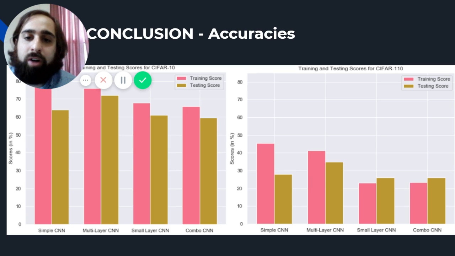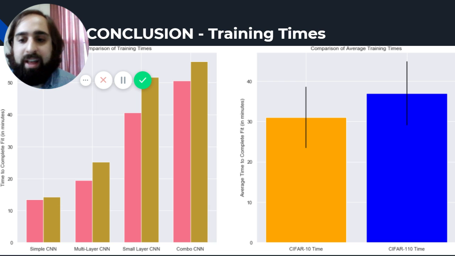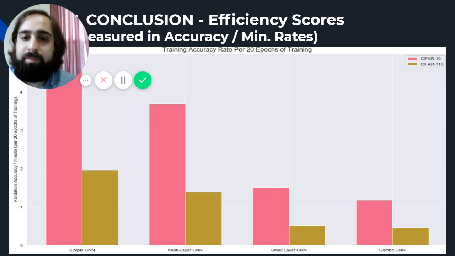So when comparing all of the neural networks side by side, we see that the multi-layer CNN is the second most efficient. Looking at this particular graph, the accuracies are higher per 20 epochs per minute of training.